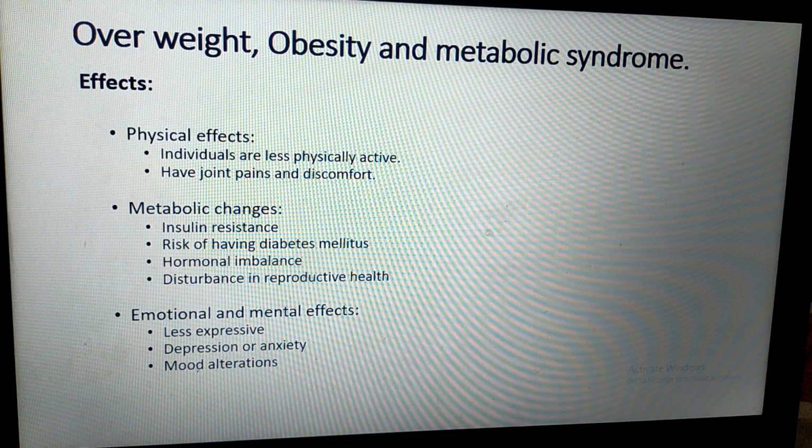Emotional and mental effects include such persons being less expressive, either in depression or in anxiety. Frequent mood alterations are common in such individuals, I mean changing moods.